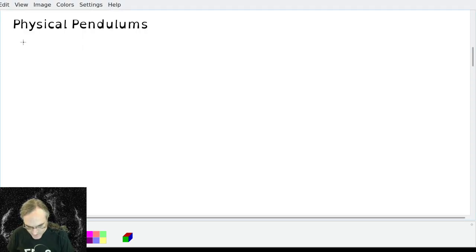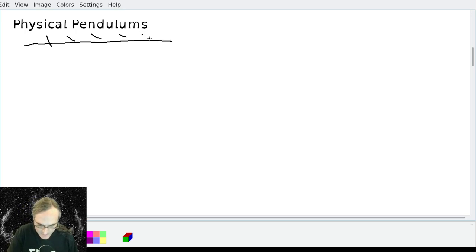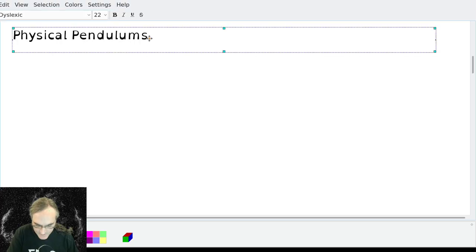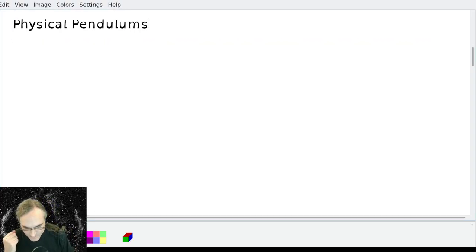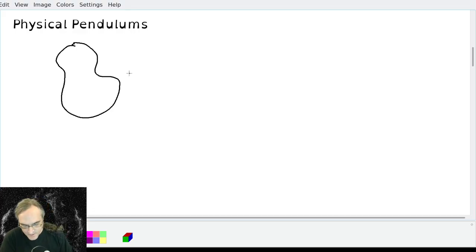So, generally the setup is kind of similar. Actually, let's not go with a ceiling in this context. It's better to think about it in terms of you have some object with some kind of arbitrary shape. And it's going to have a pivot point.